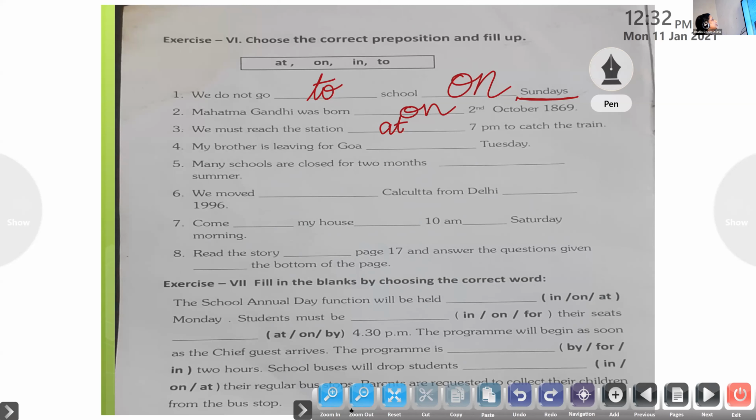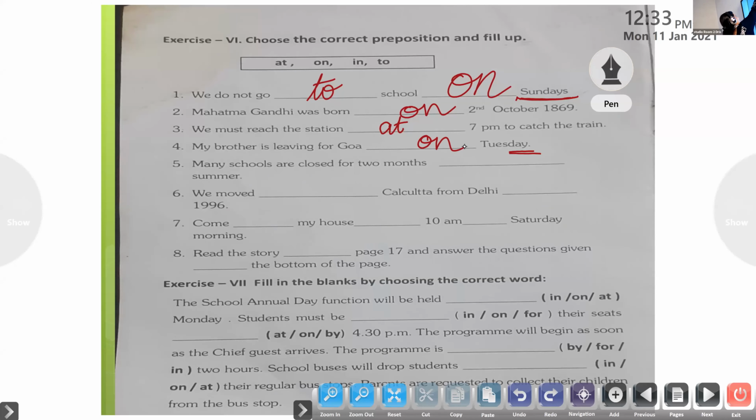My brother is leaving for Goa dash Tuesday. So which preposition will we use? On. Very good. On Tuesday. When we speak about a day, we use the preposition on.